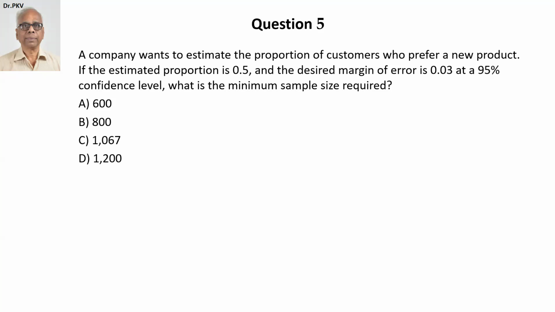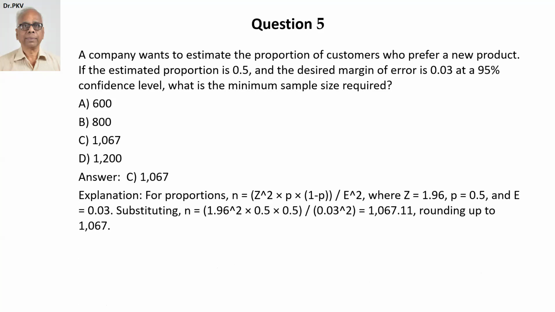A, 600, B, 800, C, 1067, D, 1200. What's your choice? So let me flash the answer with explanation. 1067. That means choice C is the correct answer.